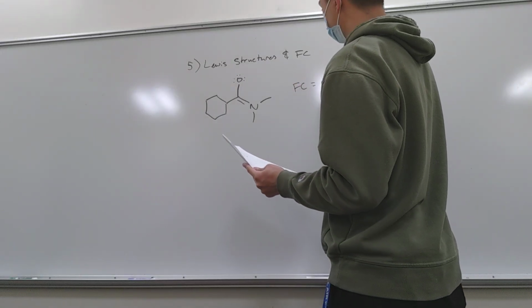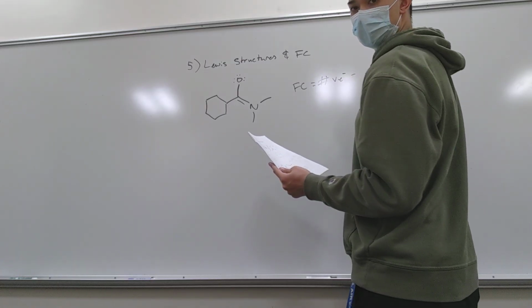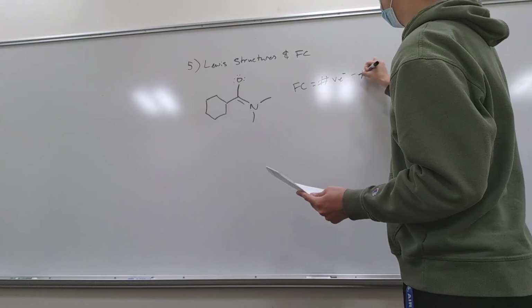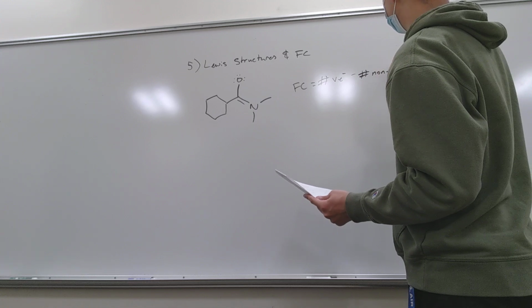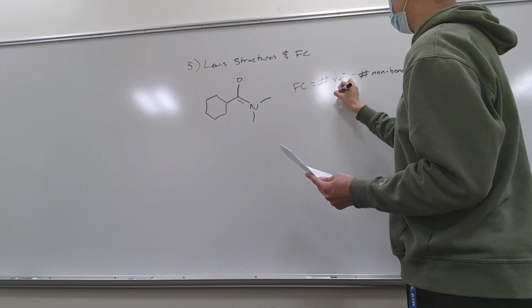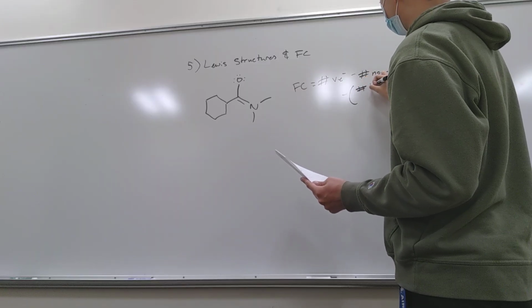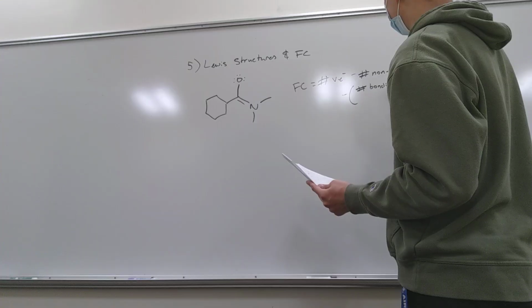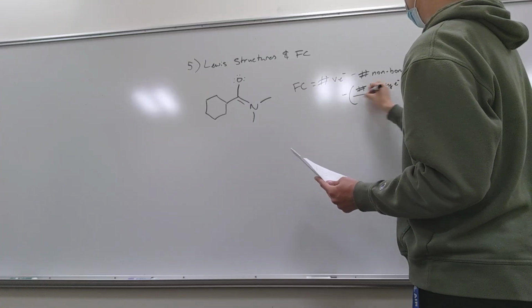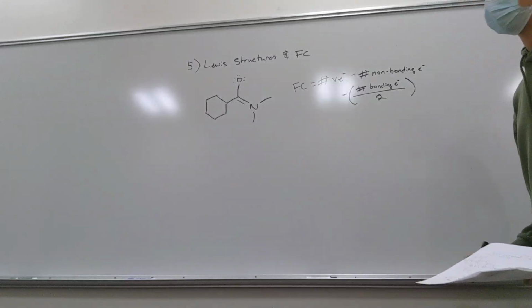FC equals the number of valence electrons minus the number of non-bonding electrons minus the number of bonding electrons over 2.